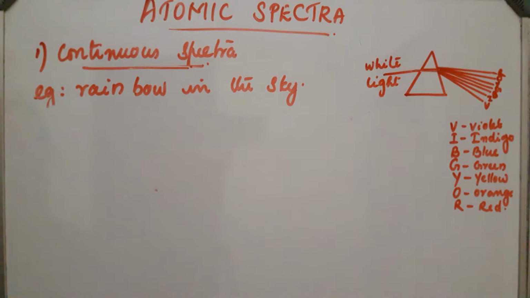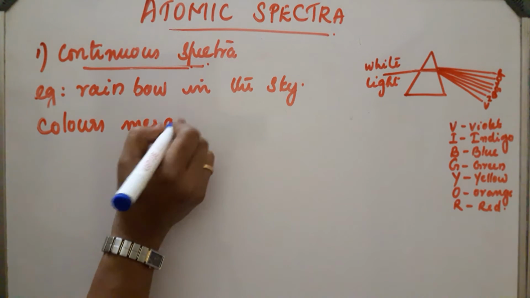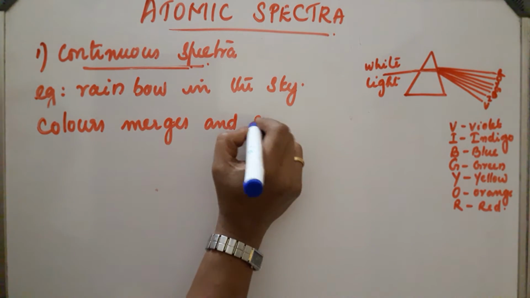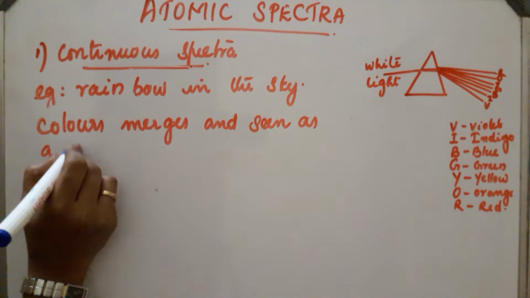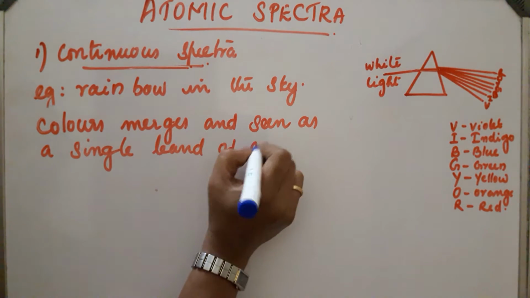Continuous spectra. An example of a continuous spectrum is a rainbow in the sky. White light contains different colors in the order VIBGYOR. Violet is having the shortest wavelength and red is having the longest wavelength. In the rainbow, we can see all these colors ranging from violet to red, but these colors merge and are seen as a single band of different colors.